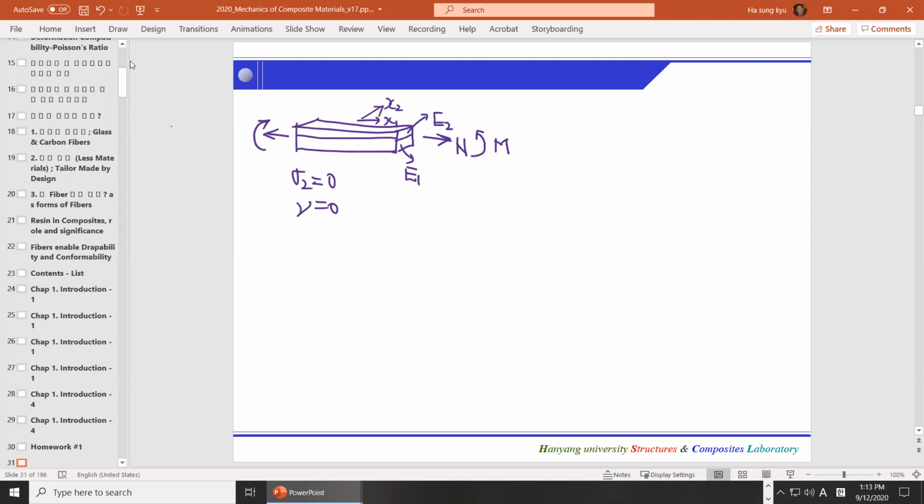Now, while there could be several different approaches to solve this strain, the most important assumption we need to start with is the strain distribution. Let's say this beam, again, is subject to this in-plane load and moment. The strain, okay, this is the strain distribution.